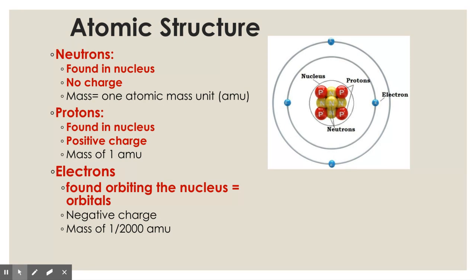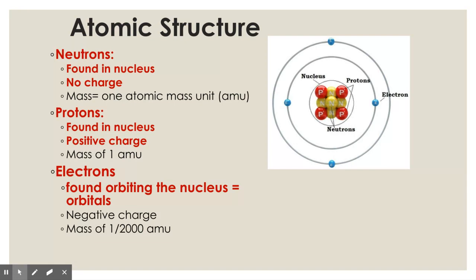So we say it has one mass unit. Also in the nucleus, we find protons. Protons have a positive charge. P for protons, P for positive. They also have a mass of 1 atomic mass unit.